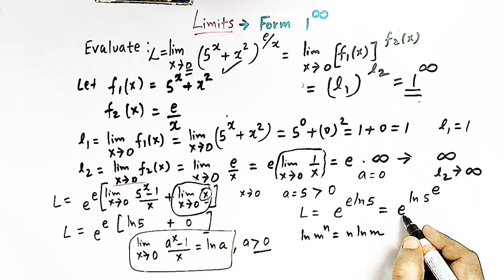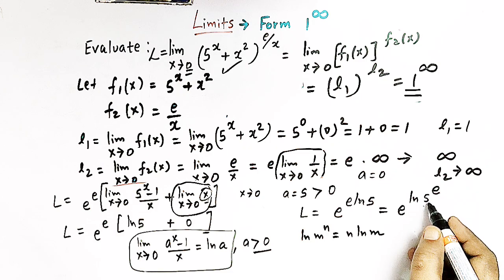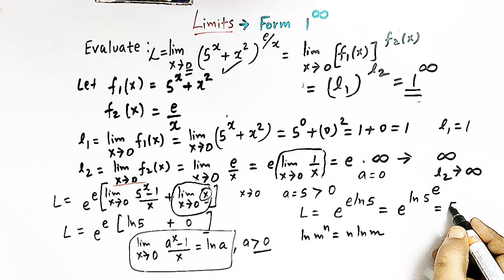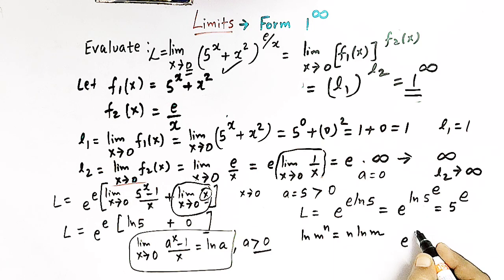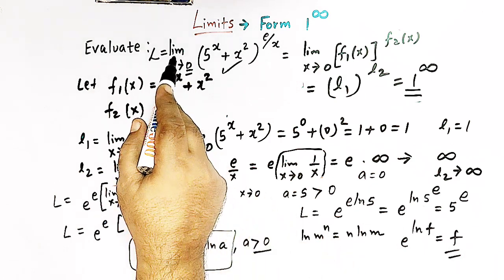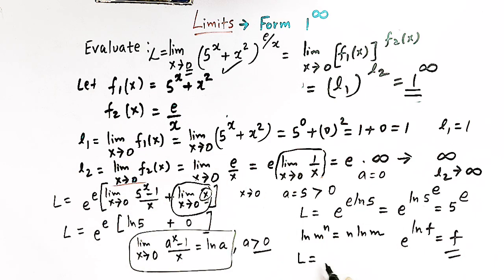So now the value of e raised to natural log of 5 raised to e is simply 5 raised to e, because we know that e raised to natural log of say f is equal to f, right? So the value of this limit is equal to 5 raised to e.